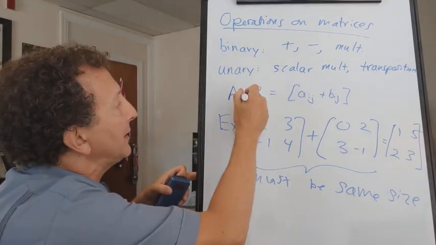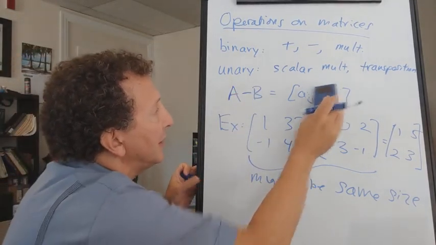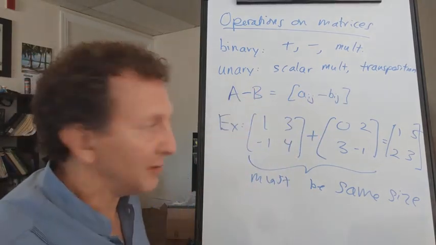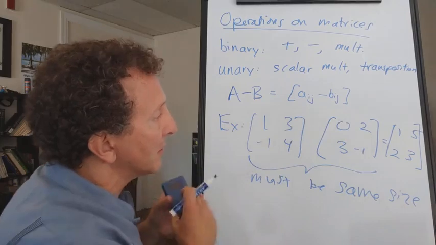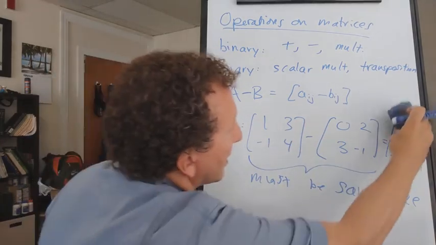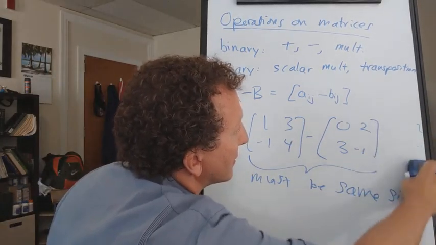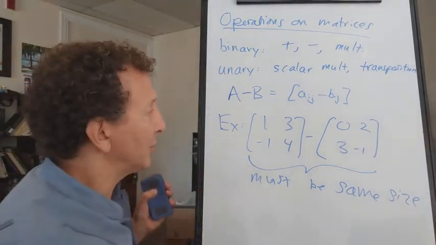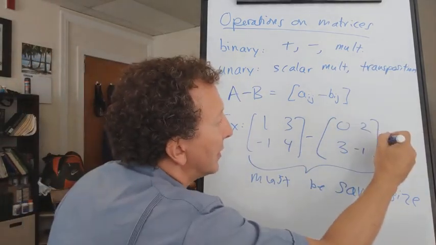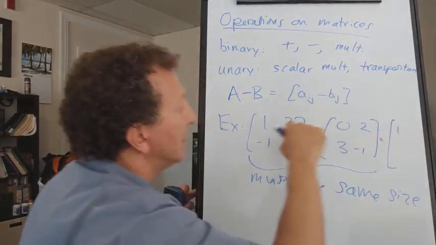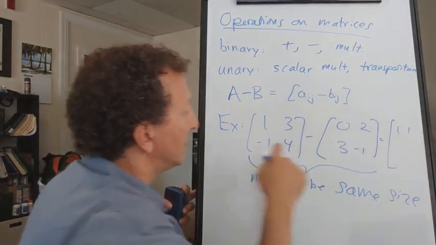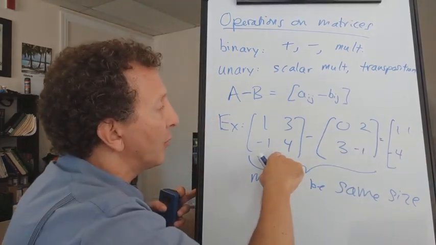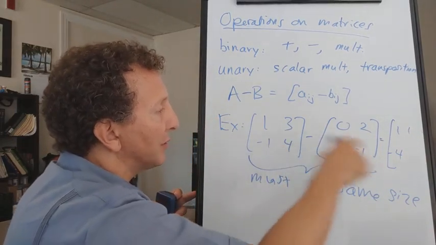So if we write A minus B, that's the matrix whose ij entry is the ij entry of A minus the ij entry of B. Again, the matrices have to be the same size. We just subtract corresponding entries. 1 minus 0 is 1. 3 minus 2 is 1. Negative 1 minus 3 is negative 4.